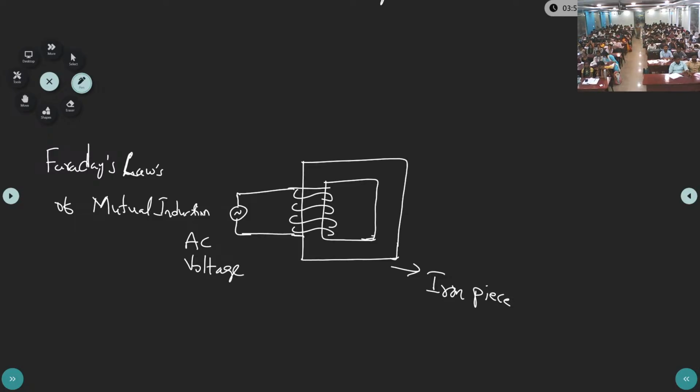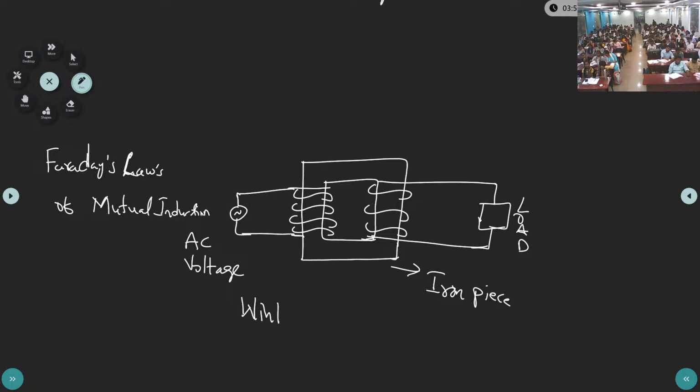Again, here is another winding. Here we can call it the load. So how many windings do we have? Two windings. The winding is made up of copper.